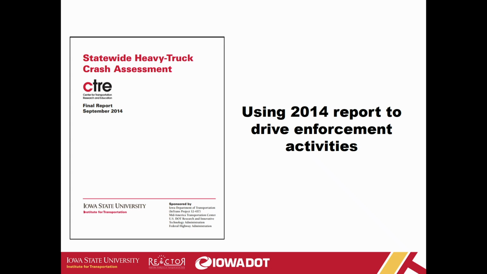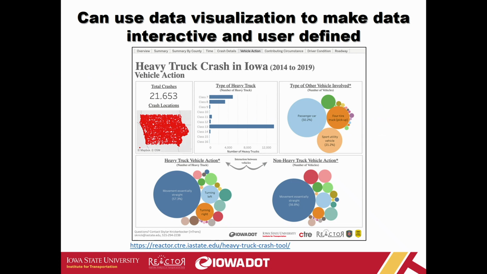Because at this point, whenever we started this about a year and a half ago, they were still using insights that they gained from a 2014 report and making decisions based on that 2014 report of where they targeted their enforcement or what actions they were targeting as part of their enforcement efforts.